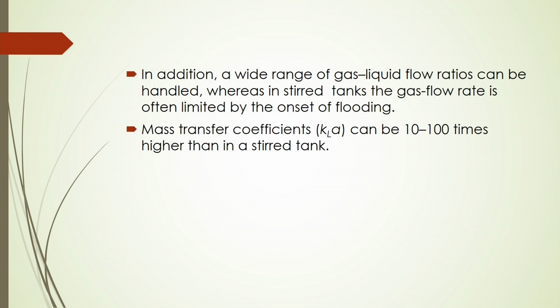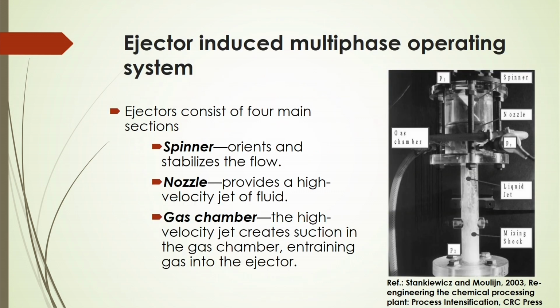And also in case of static mixer, oriented interfacial area production may give you a higher mass transfer coefficient. It may be within the range of 10 to 100 times higher than a stirred tank reactor. So, we are getting one mechanism here, just how the static mixer produces surface area for process intensification.